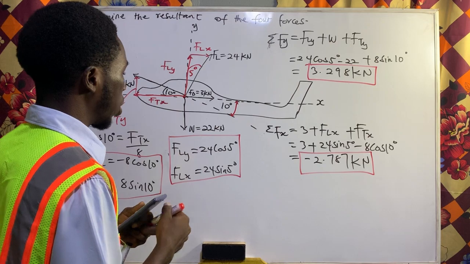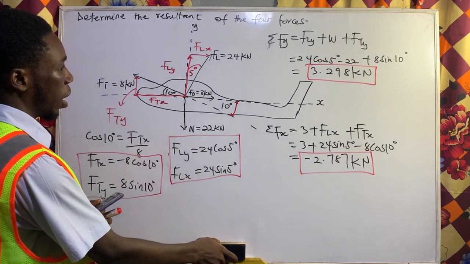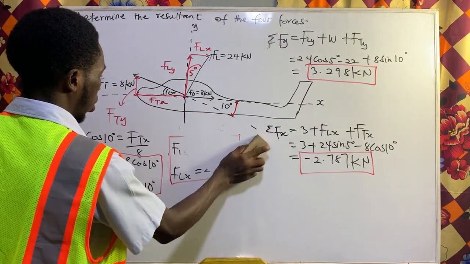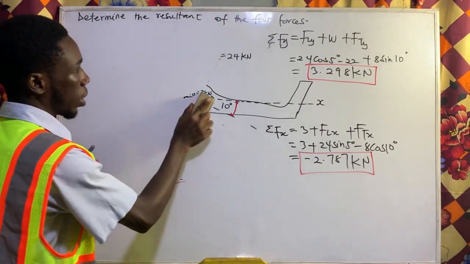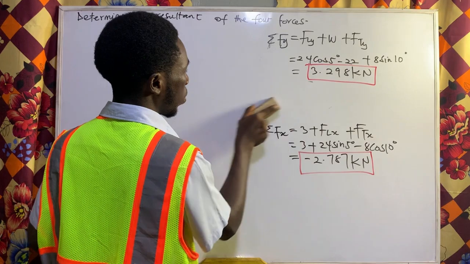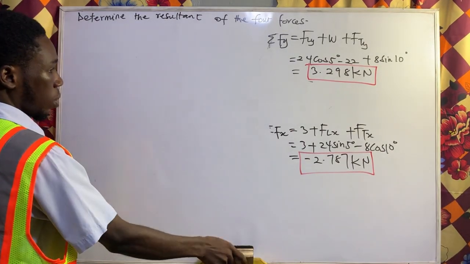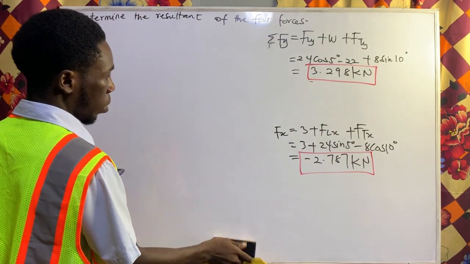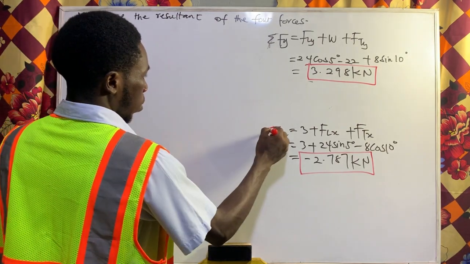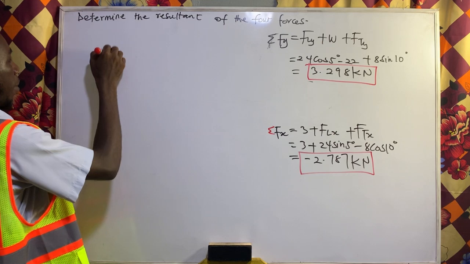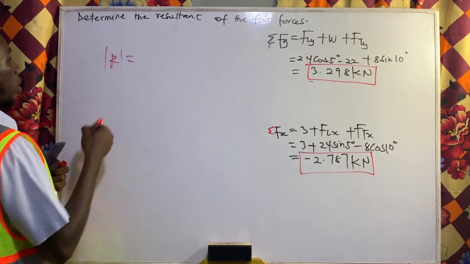Okay, now let's look at something here. We will have to find the resultant of the components that we just found. So we are finding the magnitude of the resultant force. Okay.